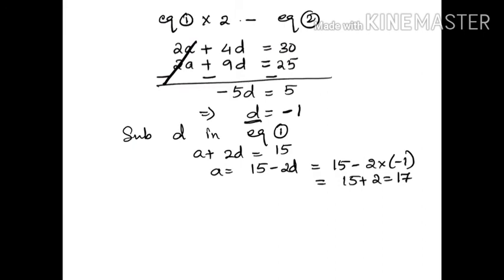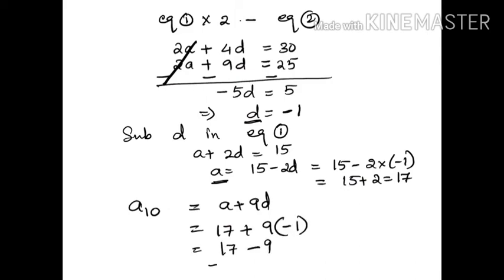So we have d and a. We have to find in the question the 10th term. So the 10th term is given as a plus 9d, which is 17 plus 9 times minus 1. So 17 minus 9 is 8.